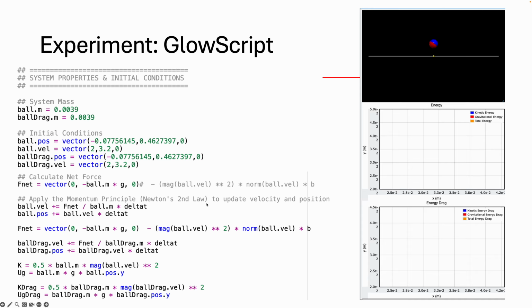And then we apply the velocity and position update formula to update the velocity and position. Next, we calculate the net force with drag, and then again update the velocity and position. Finally, we calculate the kinetic and gravitational energy for with and without drag. And let's see what it looks like.